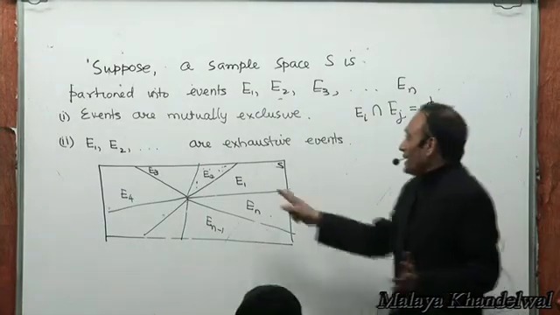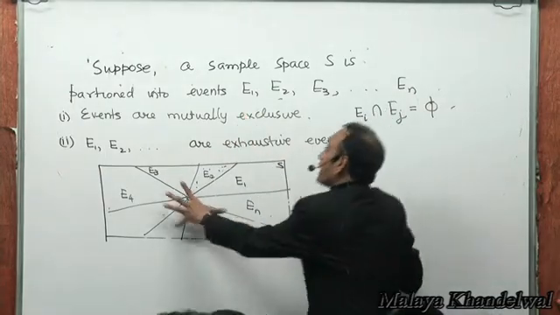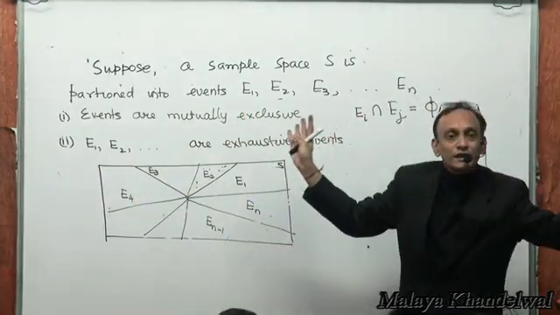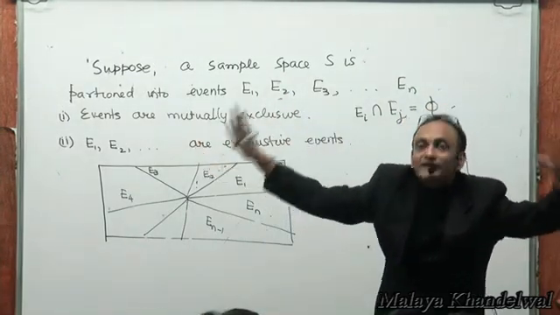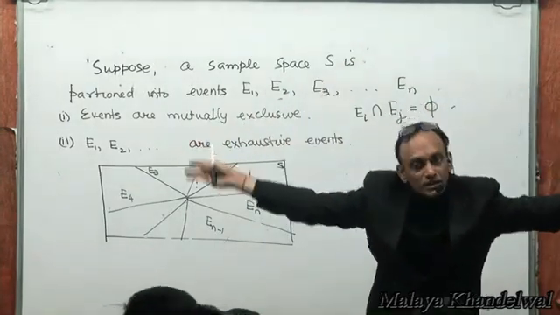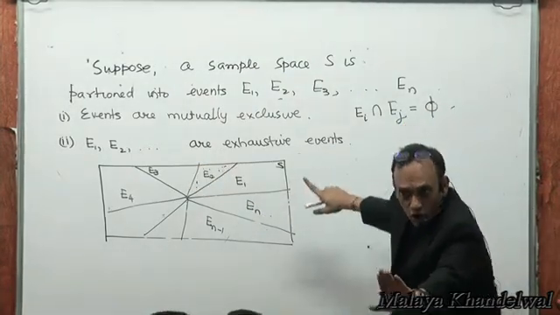There is nothing common between any two of these n regions, so they are mutually exclusive. And together they constitute the entire sample space. E1 union E2 union E3 union En is the sample space S. Yes or no? So they are exhaustive events.